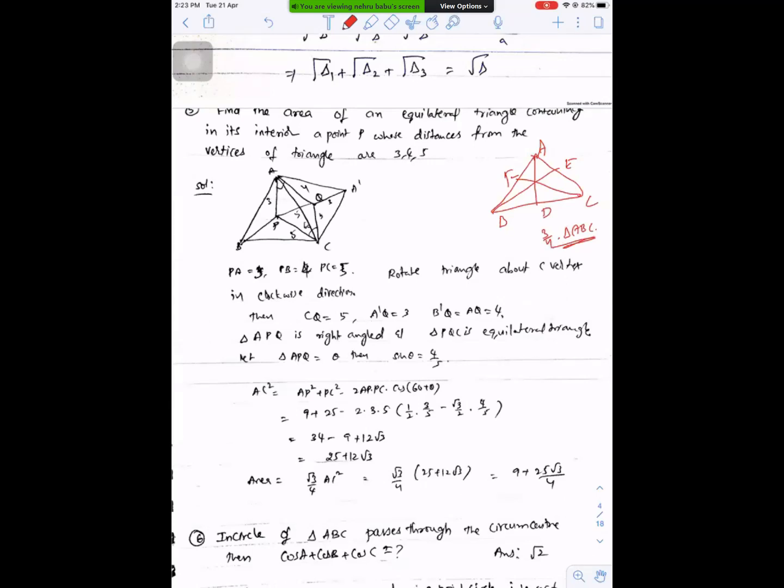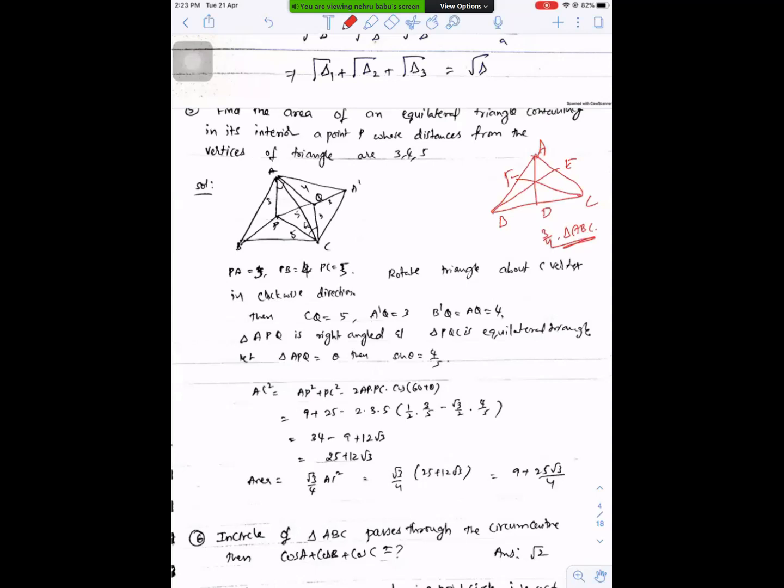Correct? If you construct a triangle with AD, BE, CF as sides, then the triangle area is 3/4 of triangle ABC area.